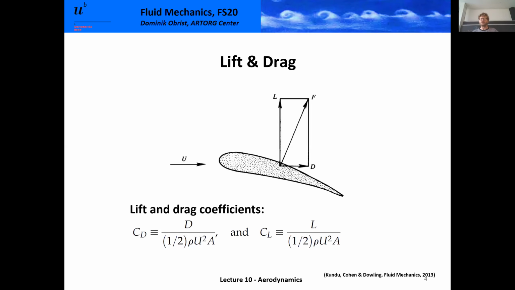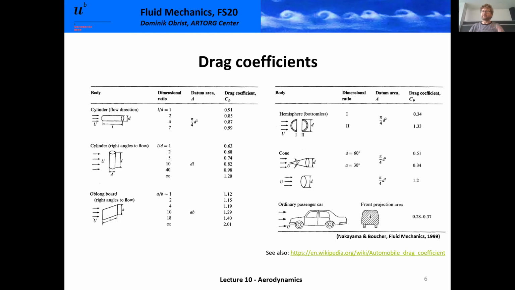So there are handbooks full of drag and lift coefficients. We are going to focus on drag coefficients now. So this is such an example out of a book, a list of drag coefficients for a bunch of, let's say, very simple geometries. Top left, you have the drag coefficient for the flow along a cylinder, flow going in the axial direction of the cylinder. You have different L over D ratios, length over diameter ratios, and you see back here the drag coefficient.